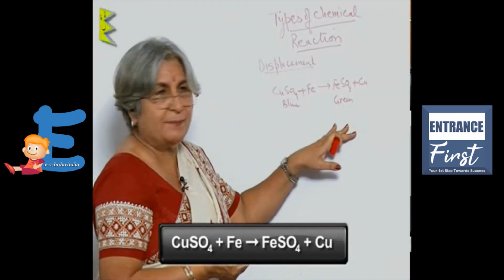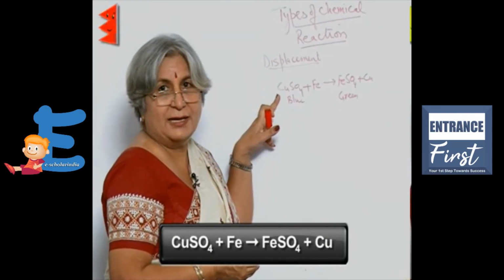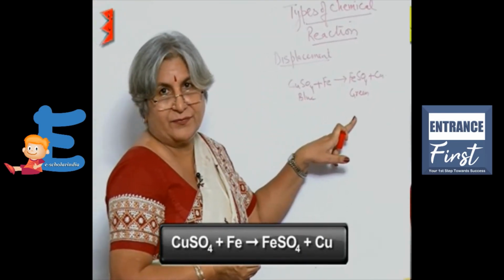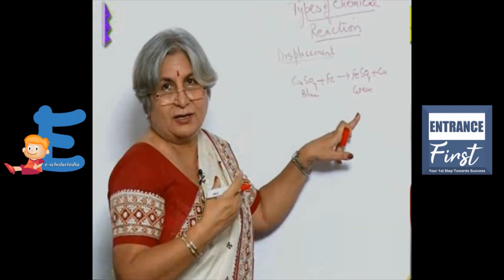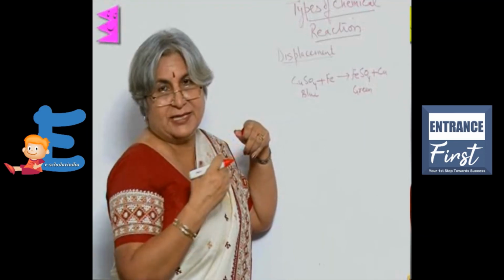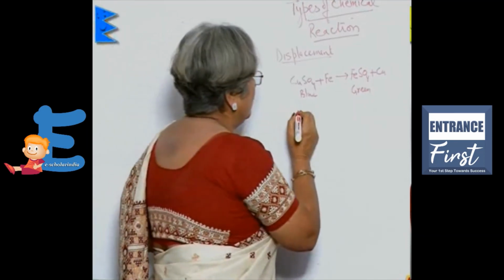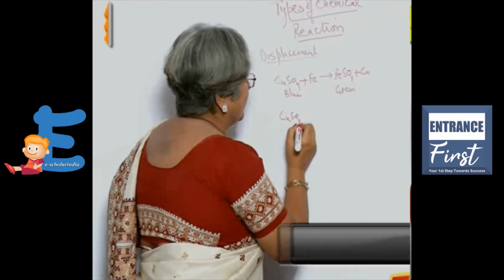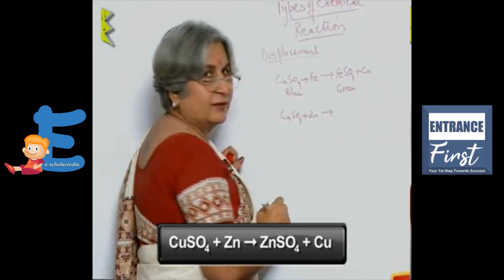So actually what has happened? Iron has displaced copper from its compound. Why? Because iron is more reactive. When you study the activity series, you will find the exact order in which we place them according to their reactivity. Then you can also put some zinc in copper sulfate.